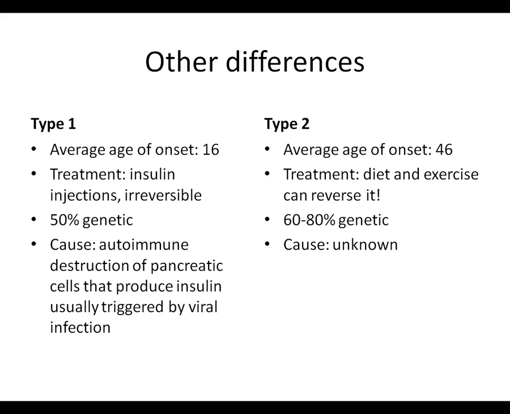Type 2 diabetes, on the other hand, its cause is unknown. Although, as you'll see, the reason it's unknown is because there are a lot of factors that play in, some of them environmental and some of them genetic. It is a complex disease.